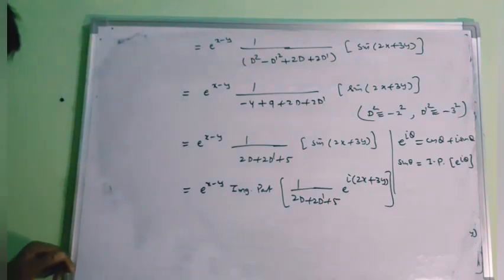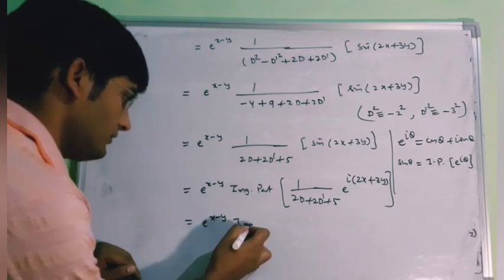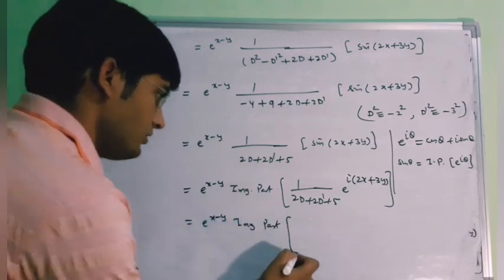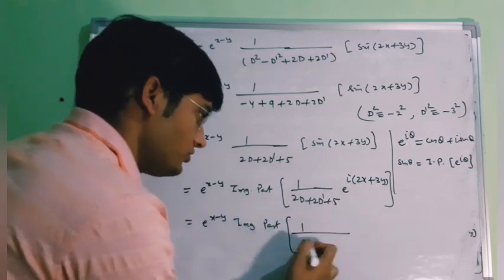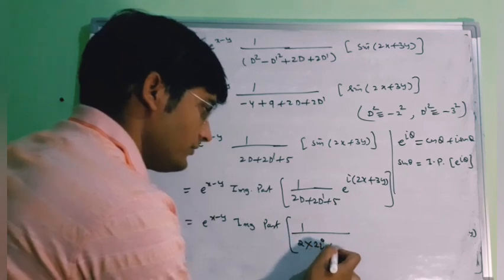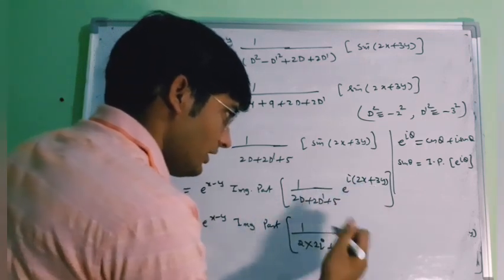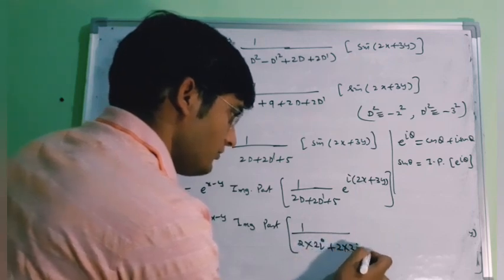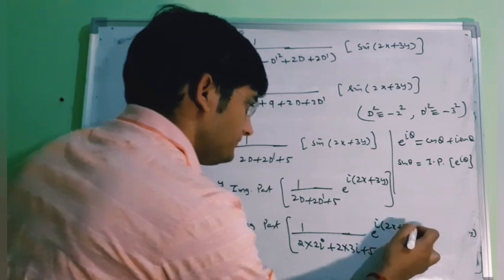Now let us replace our D by a, which is 2i, so this will be your 2i. Again we will replace our D dash by b, and for b we have 3i, so this will be 3i plus 5, and in the bracket we have e to power i(2x plus 3y).